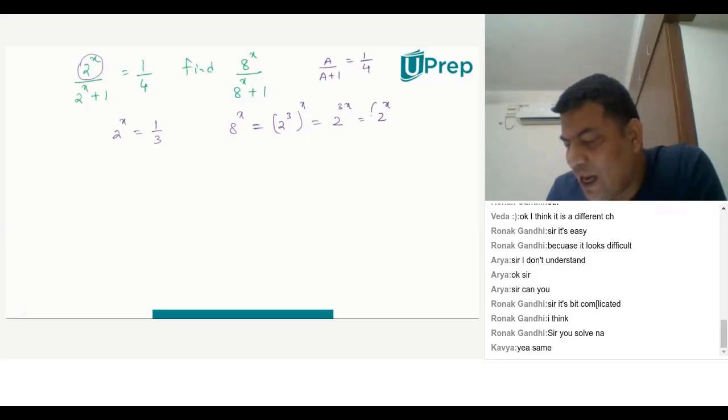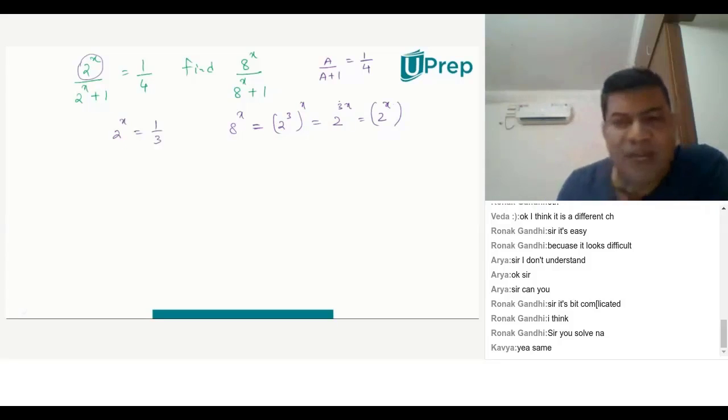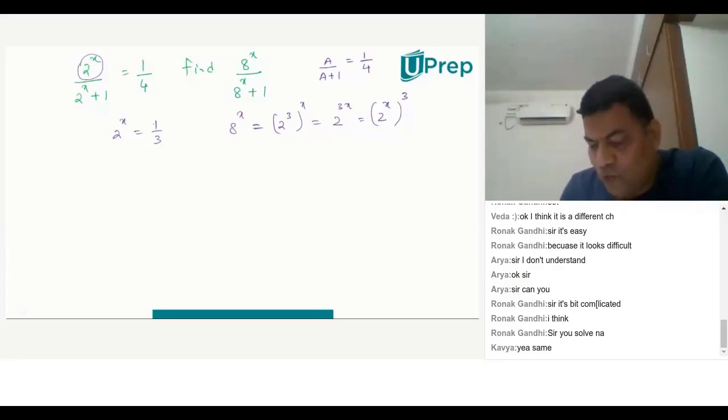For the benefit of the class, I'm extending the steps. 2 to the power of 3 whole power x is 2 power 3x. I can write 2 power 3x as 2 power x whole cube. But what is 2 power x? I know 2 power x is 1 by 3. Therefore, this is nothing but 1 by 3 whole cube.